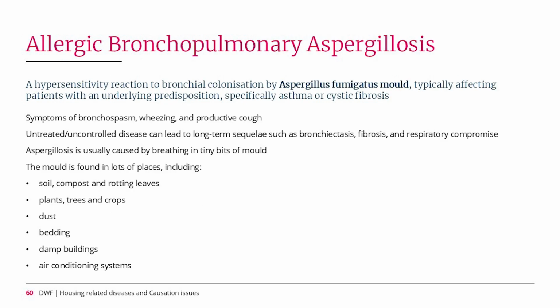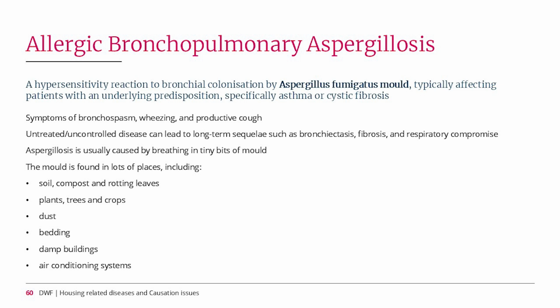This is a good one to pronounce. Allergic bronchopulmonary aspergillosis. So this is a condition that reacts to a certain type of mould, and it typically affects patients with an underlying predisposition, which can be asthma or cystic fibrosis. So it is something from mould.